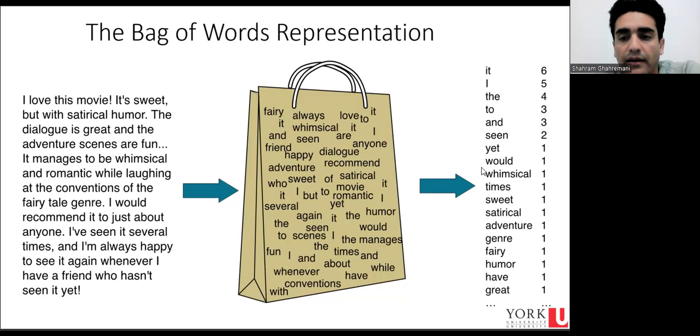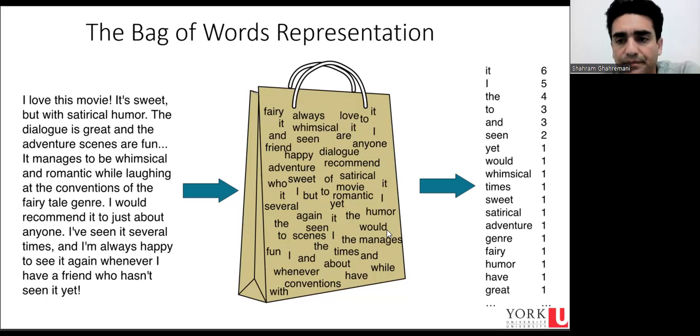So there is the word I, and there's the I in the bag, and the word love is here, and there is a love in the bag. Love is here and love is in the bag, and there is this in the content, and we can see these in this bag of words.